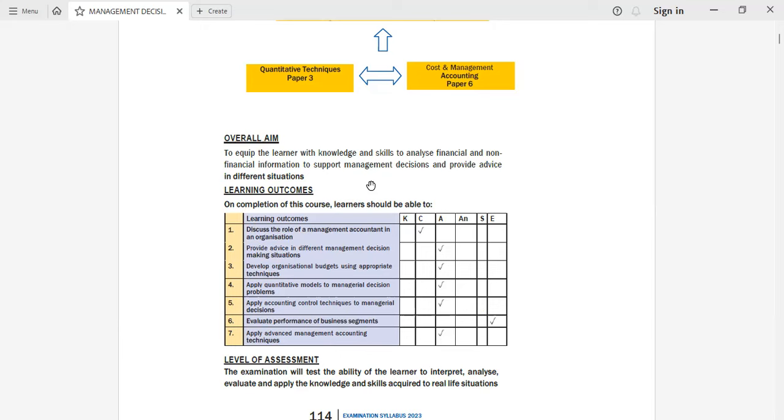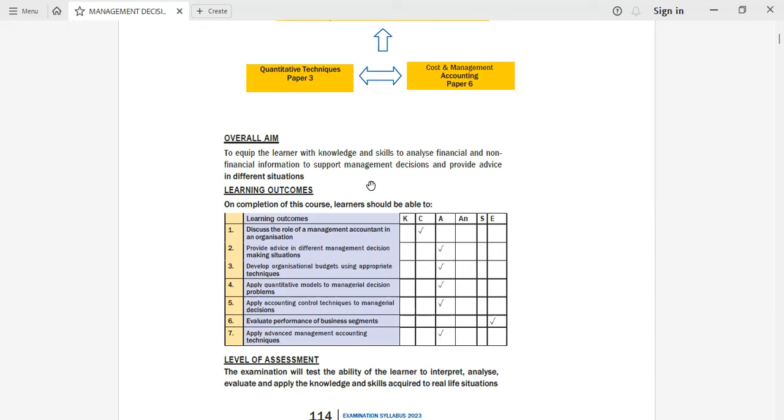Just like we discussed at the start, we have a foundation paper at level 1, that is quantitative techniques, which we called QT, paper 3 at level 1. There we looked at the things that we can actually compute, not the qualitative aspects, but here we are focusing on the quantitative models, as we are going to see them, the linear programming and all that.